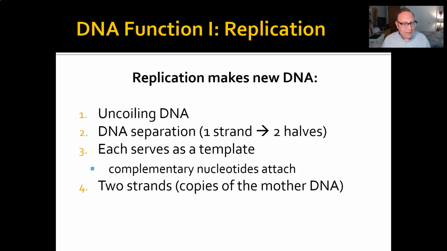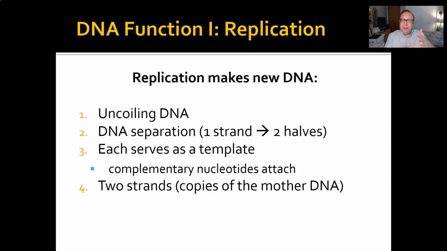The next thing that happens is that each of those sides will serve as a template for the new DNA. Okay, so we talk about the mother DNA, or the mother strand, and we talk about the daughter strands here. The mother strand splits apart into the daughter strands, and then the daughters, using the pairing rules, attract other nucleotides, free-floating nucleotides in the nucleus to those sites to pair up.